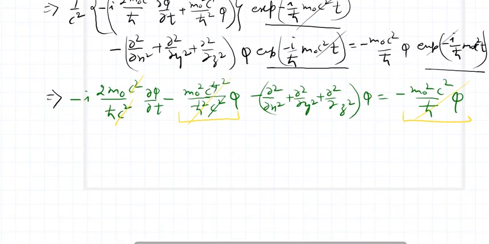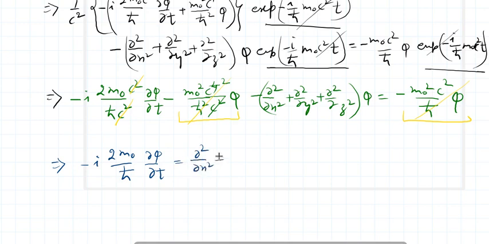So the equation which I am getting is minus iota 2m₀ over ħ ∂φ/∂t is equal to ∂²/∂x² plus ∂²/∂y² plus ∂²/∂z² acting on φ, because I have taken this to the other side.